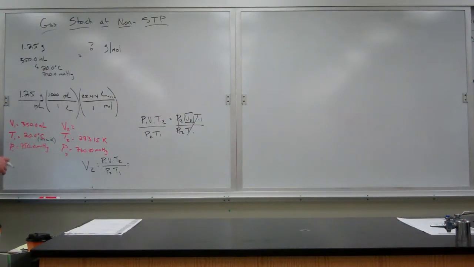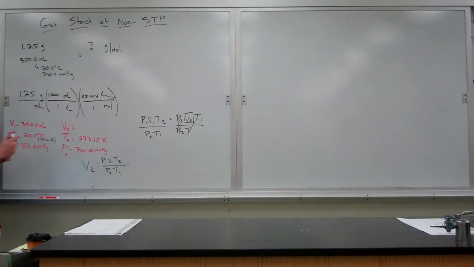This is only going to get me a number of 293.2 due to sig figs. I'm adding and subtracting, so I care about places past the decimal point. This goes one place past. 273.15 goes two past. Therefore, my answer can only go one past.